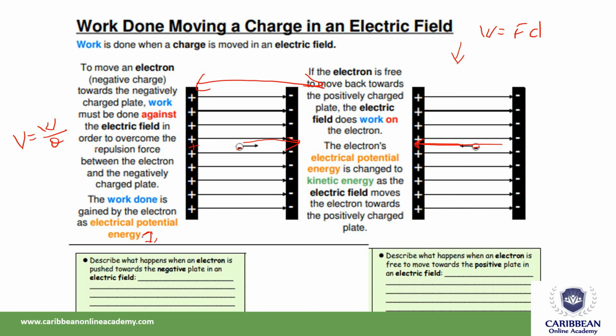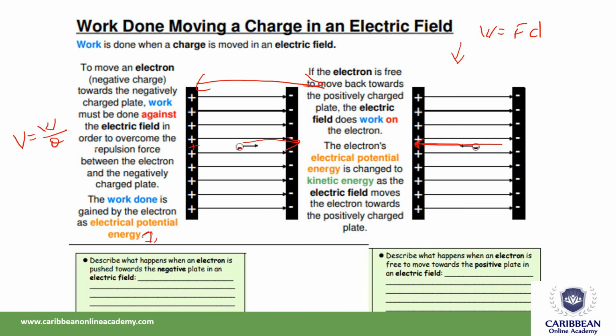There's more to it. Let's consider the work that is being done when moving a charge in an electric field. A charge in an electric field cannot move by itself. There has to be something that is allowing it to move. All right.